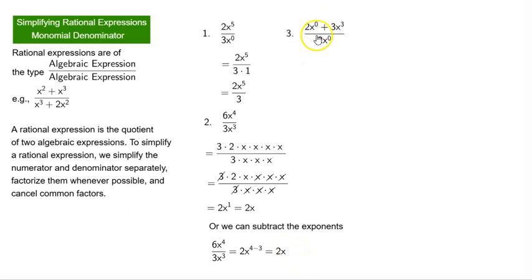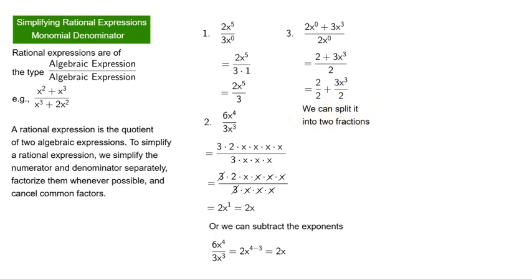Third one, 2x to the power of 0 plus 3x cubed divided by 2x to the power of 0. So here x to the power of 0 is 1. So we get 2 plus 3x cubed divided by 2. Now, whenever we have a monomial in the denominator, and in the numerator we have a polynomial which is not a monomial, we can split the rational expression into multiple fractions or multiple rational expressions. 2 by 2 plus 3x cubed by 2.